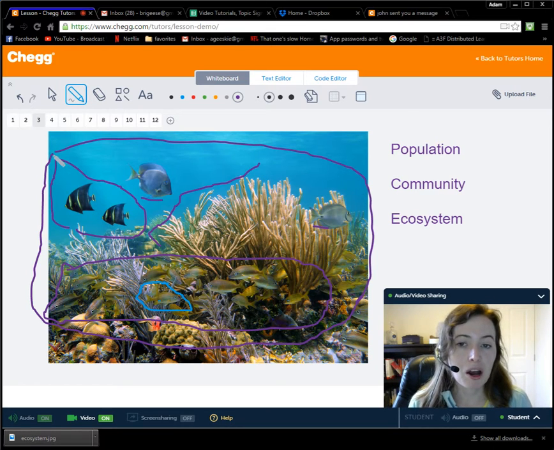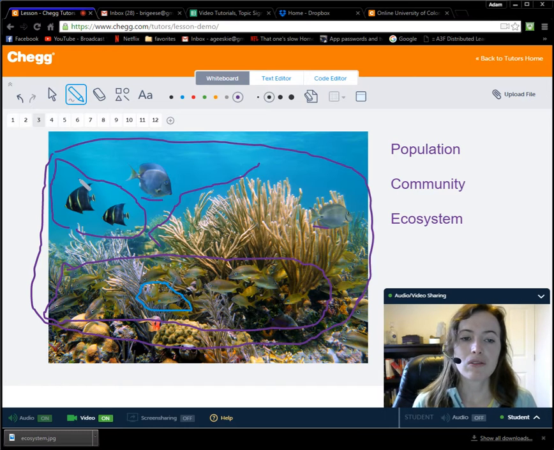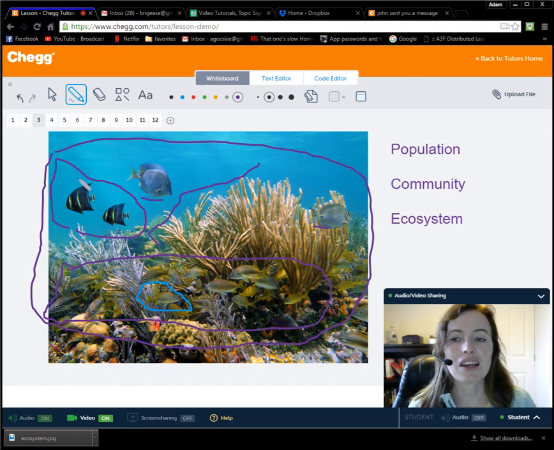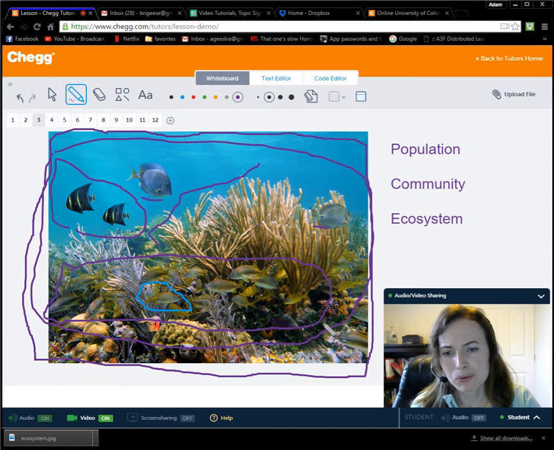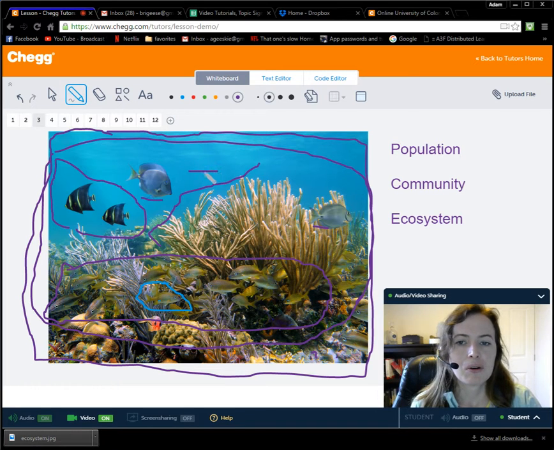Now, if I want to broaden it and look at this community, but also see how it's interacting with the fact it's in the ocean, and if the ocean temperature is changing and all of those things, then I would be studying the ecosystem. This entire picture is of the ecosystem because it has the non-living things as well, like the sand on the floor down here, and the rocks, the ocean.